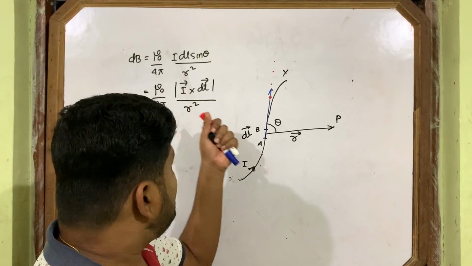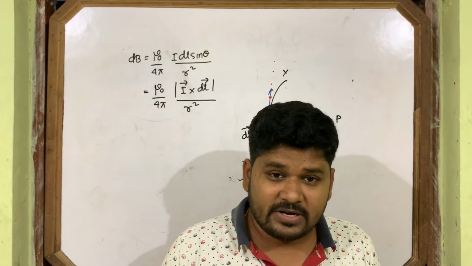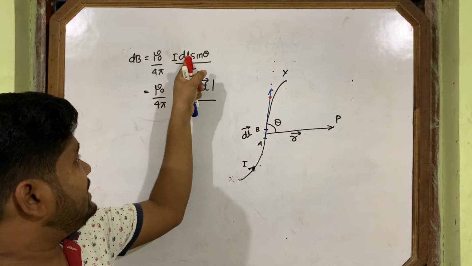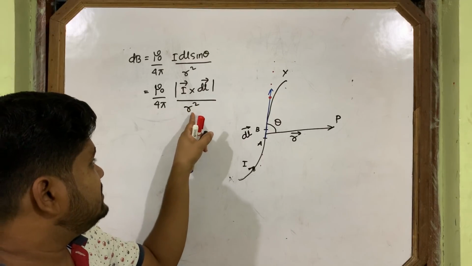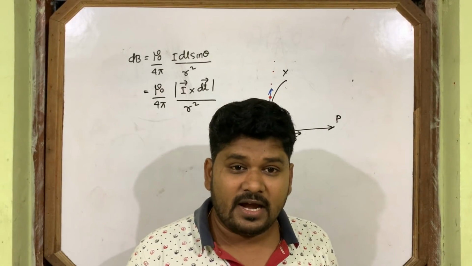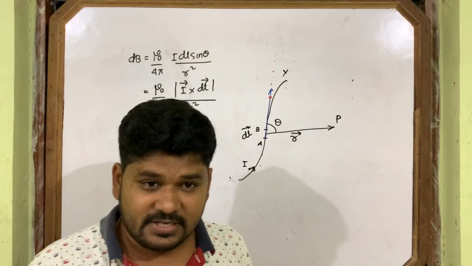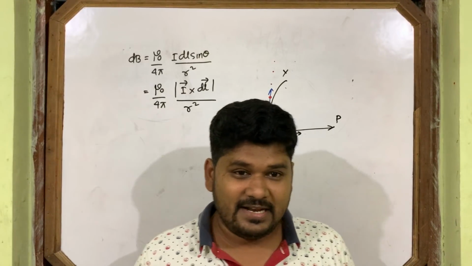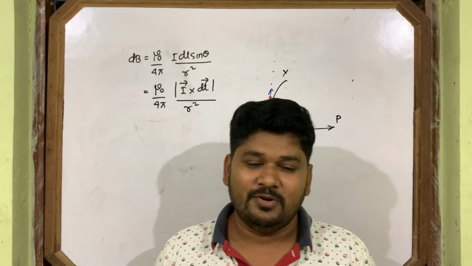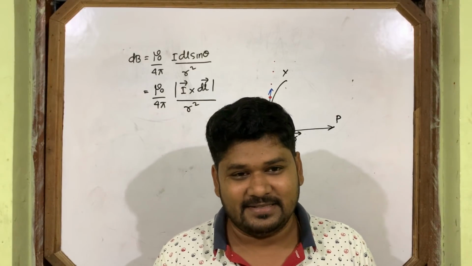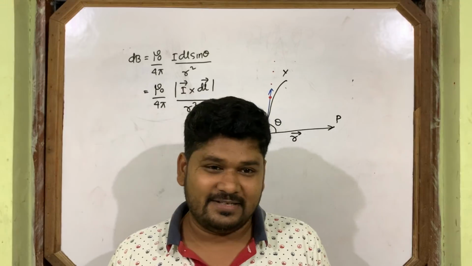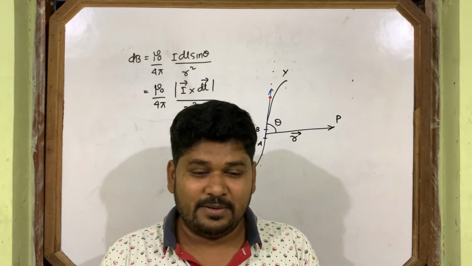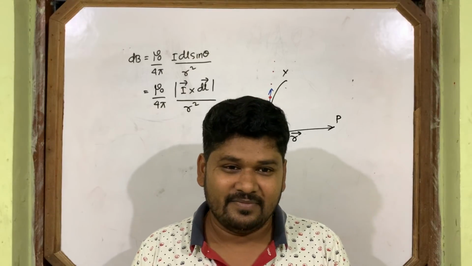We can write dB like this in vector form: I vector cross dl vector divided by r square. Understand? If you do not understand this, you have no previous knowledge about vectors; you have not read vectors clearly in class 11th. I have already made one blunder here.